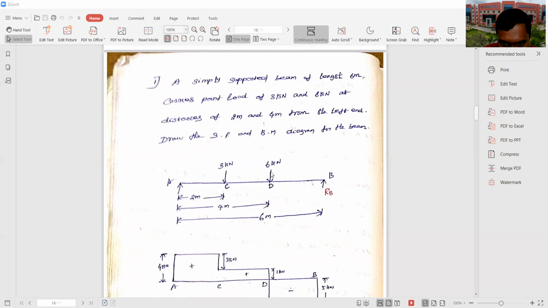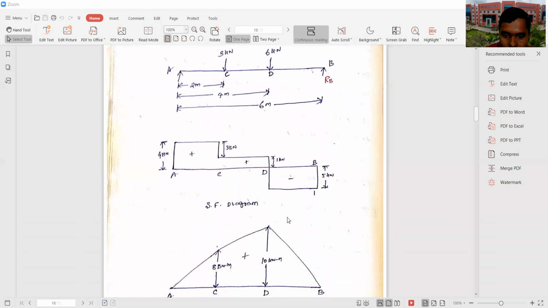Then 6 into 4 is clockwise, so plus 6 into 4. This is also clockwise, plus 3 into 2. So minus RB into 6 plus 6 into 4 plus 3 into 2 is equal to 0.